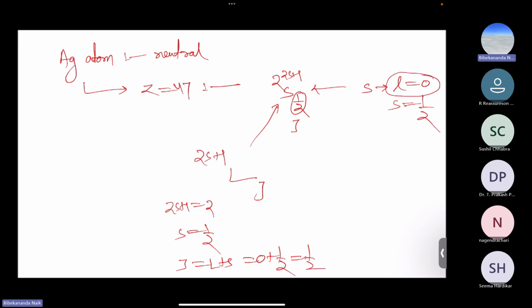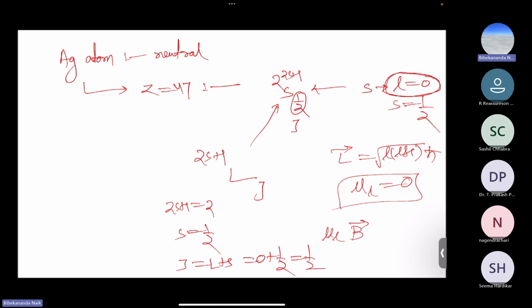Because if you see in case of 2S half, L is zero, and we know the magnetic moment mu L is root of L into L plus 1 times h cross. So mu L will be zero, because the value of L will be zero. So there will be no interaction between the magnetic field and the magnetic dipole moment, like in the previous case where we found there is an interaction, due to which there is some precession of the orbit around the magnetic field.